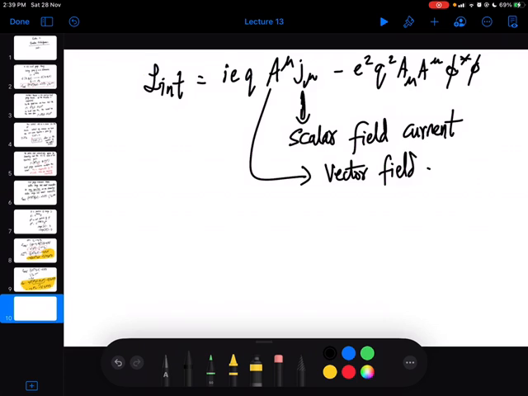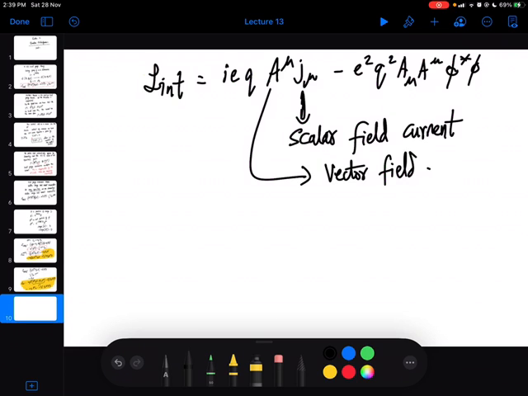But as we know from the scalar field theory and also from the Dirac equation, all the currents transform as 4 vectors, essentially like A mu. So this is a current interaction with A mu. This is your Lagrangian interaction.